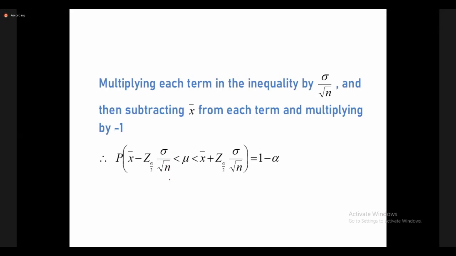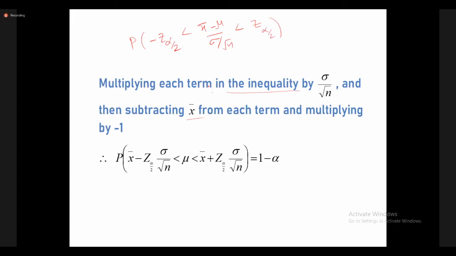Once all of you see this one, multiplying each term in the inequality by sigma by root n and subtracting x bar. Just now we saw that probability: the probability of minus z alpha by 2 less than (x bar minus mu) by (sigma by root n), the z value, less than plus z alpha by 2.